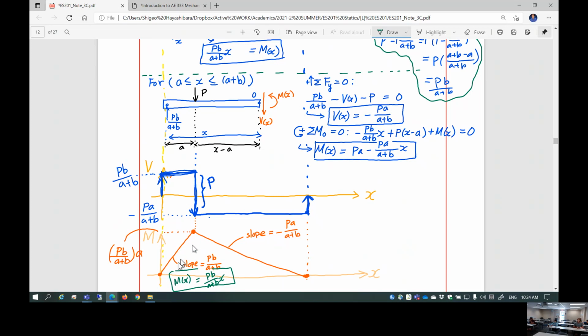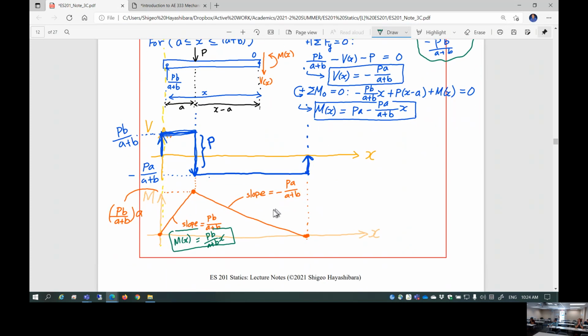This is a linear function with a slope of this, y equal to ax equation, right? You understand? And mathematically, if you represent this line, moment as a function of x is equal to PA minus PA over A plus B x. This is a linear function with a slope of negative PA over A plus B, isn't it?